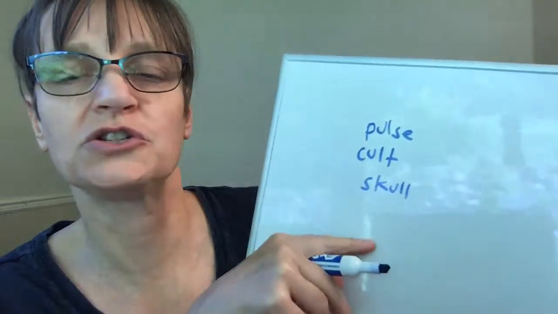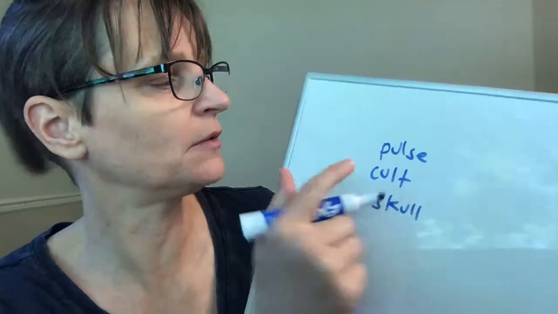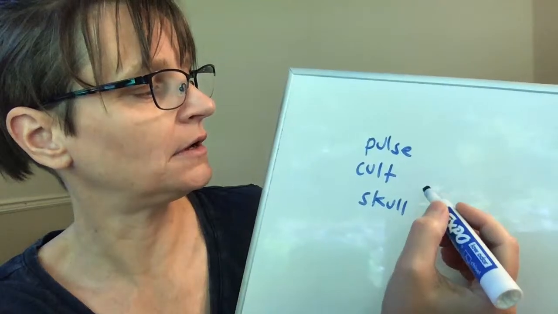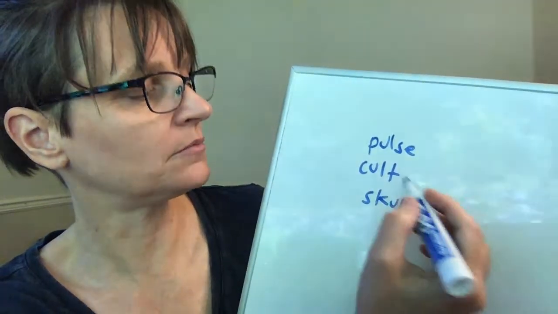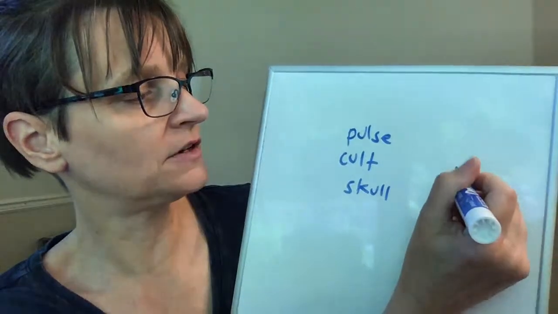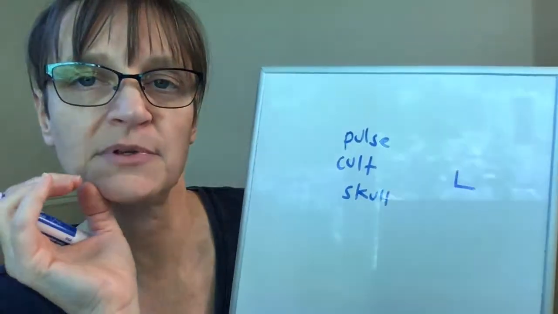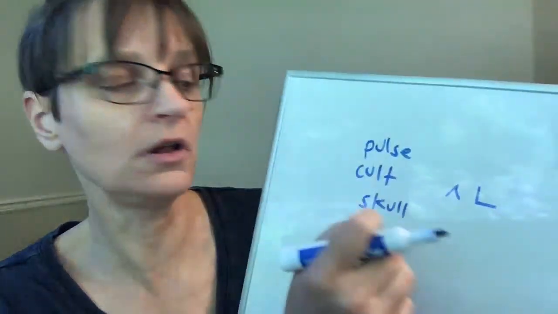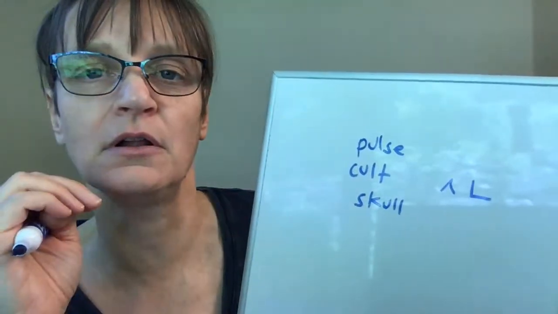I think you're really just doing one schwa there, because I don't really want to have a separate vowel before the L. Basically you're still staying in the dark L with the same position, but I just have one schwa sound. Cult, pulse, skull.